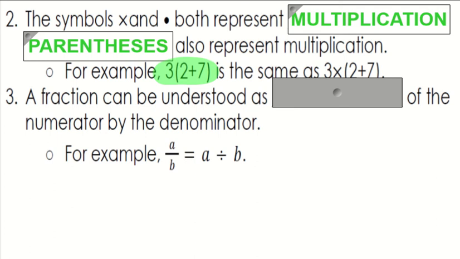Along similar lines, a fraction, what type of math is a fraction? Division. It's like you're taking the numerator and dividing by the denominator. So if you have A over B, like it shows, that's the same as A divided by B. Okay? Any questions on that?